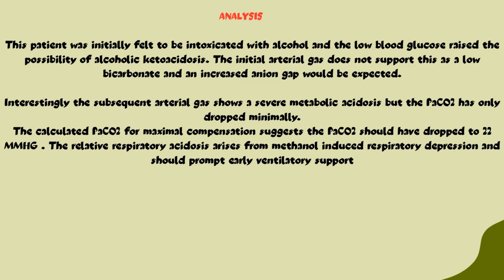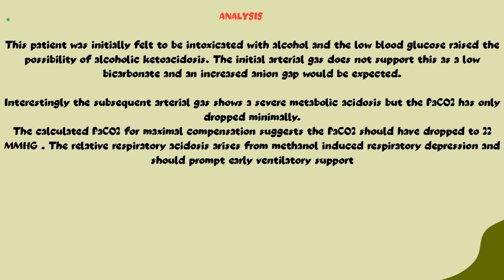The initial assessment of the team looking after the patient, based on the low blood sugar and his history of alcohol intake, was that his presentation was likely secondary to alcoholic ketoacidosis. But keep in mind that is a HAGMA situation, and this patient did not have a high anion gap.